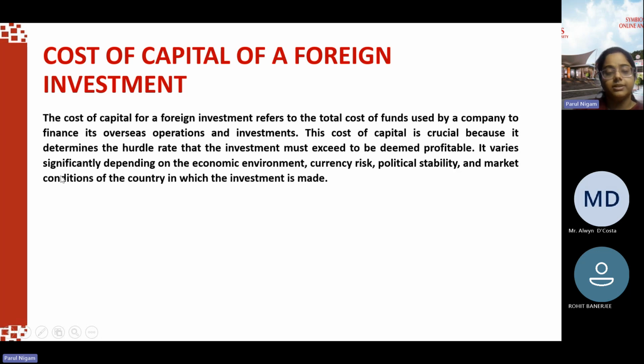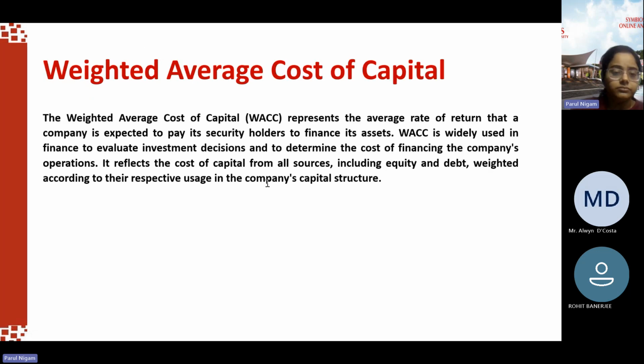It varies significantly depending on the economic environment, currency risk, political instability, and market conditions of the country in which the investment is made. Various factors impact your cost of capital, like inflation, country risk, political risk, and the regulations of that country. All of them impact the country's cost of capital.